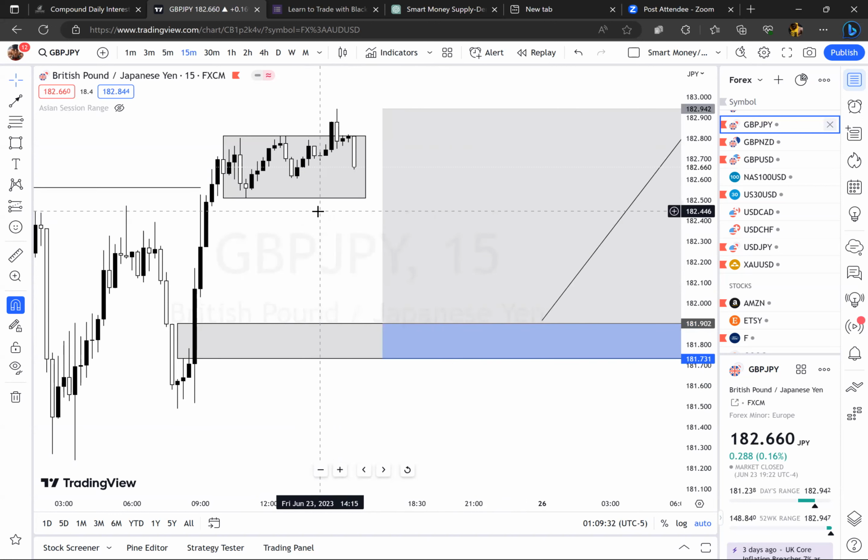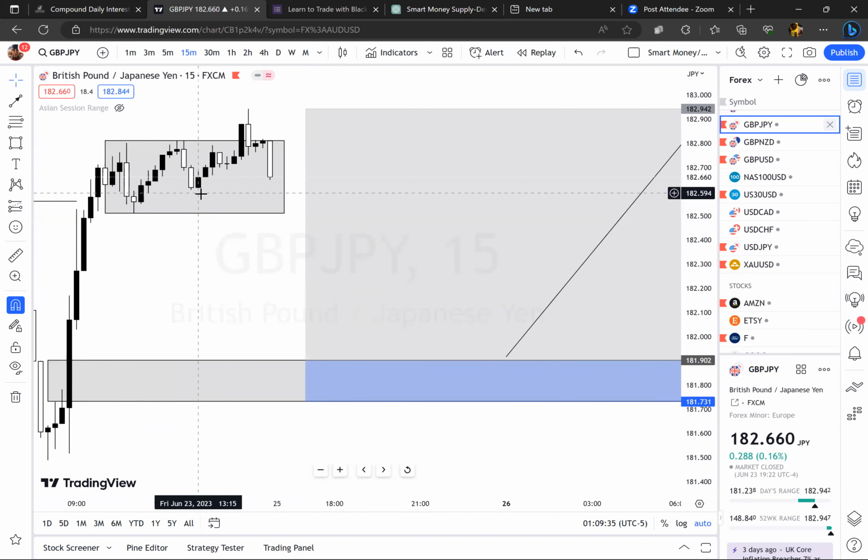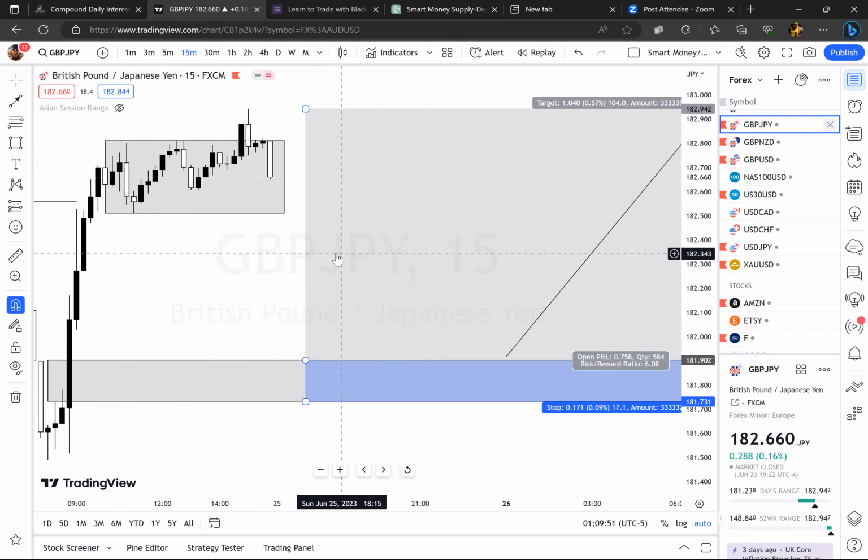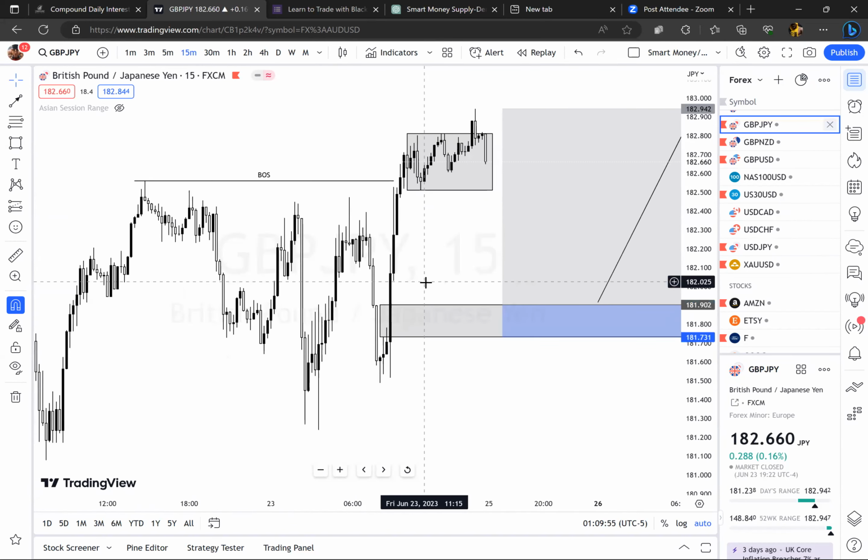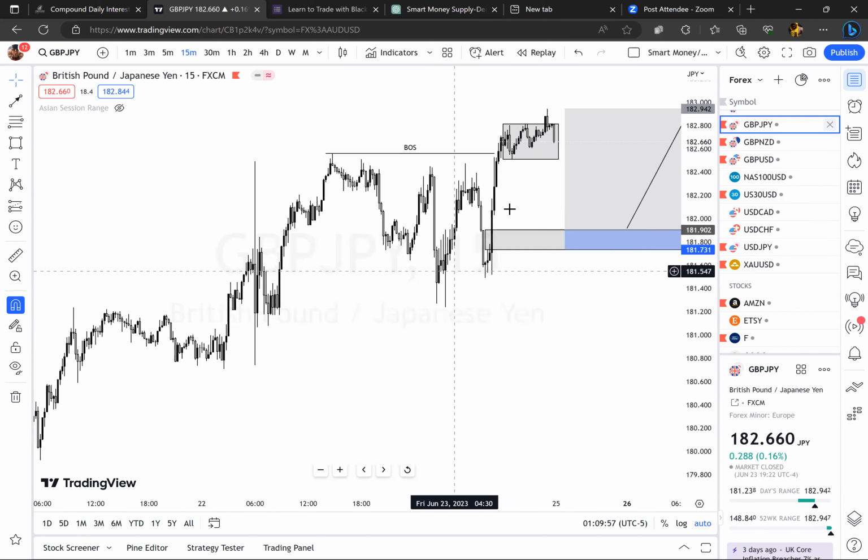Now, I do want to see a change of character, probably from this level, the 182.6 area, or the 182.5 area, either this one or this one. But I am expecting it to come down to my zone and then give us our trade. Now, it could go past it because the trend is up.